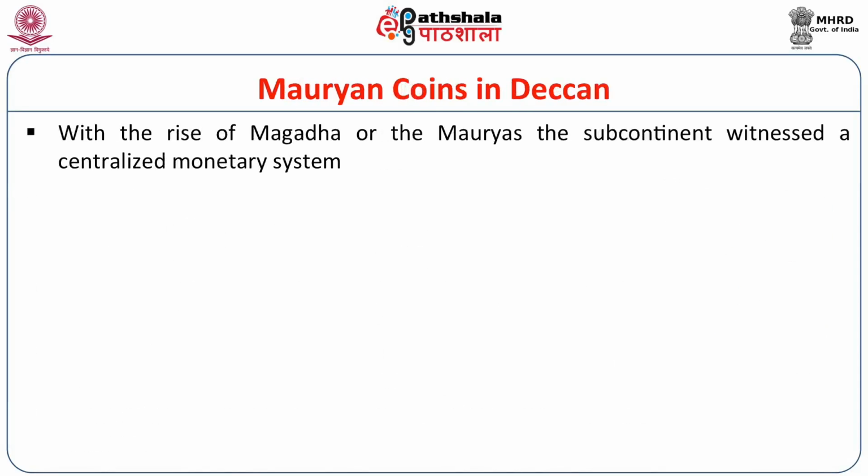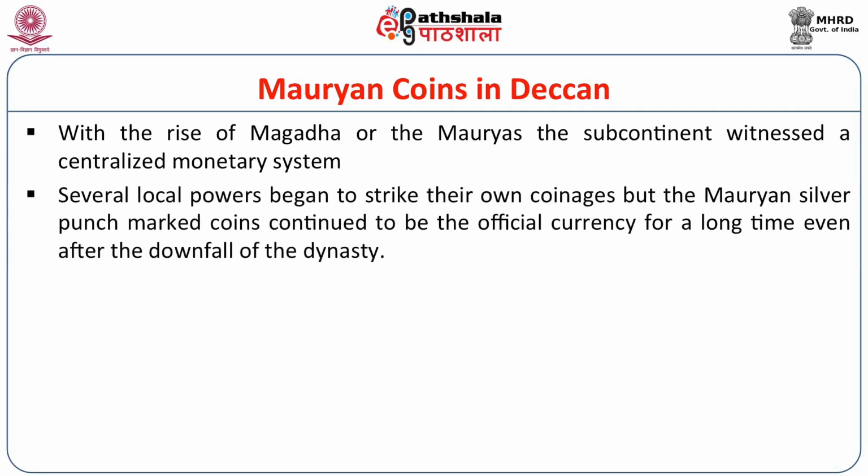With the rise of Magadha, or particularly of the Mauryas, the subcontinent witnessed a centralized monetary system which declined with the Mauryas. Several local powers began to strike their own coinages, but the Mauryan silver punchmark coins continued to be the official currency for a long time, even after the downfall of the dynasty.